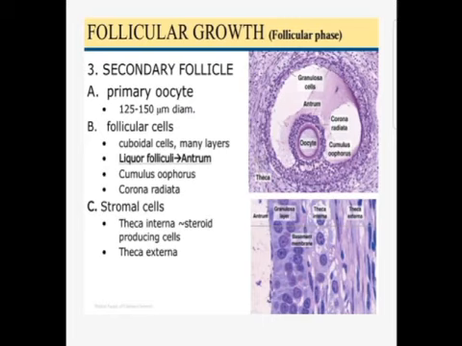There are cavities in the cells, and these cavities then coalesce, unite together, and give rise to a big cavity called the antrum. That's the reason we call them preantral follicles, and next comes the antral follicle or the secondary follicle.